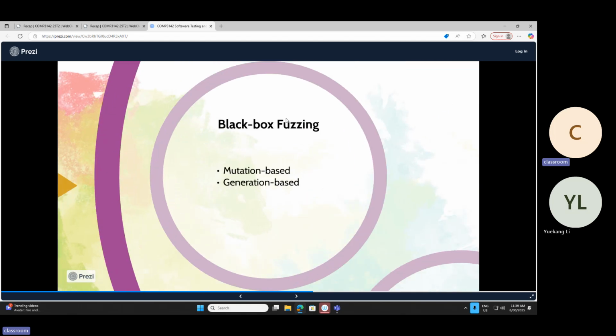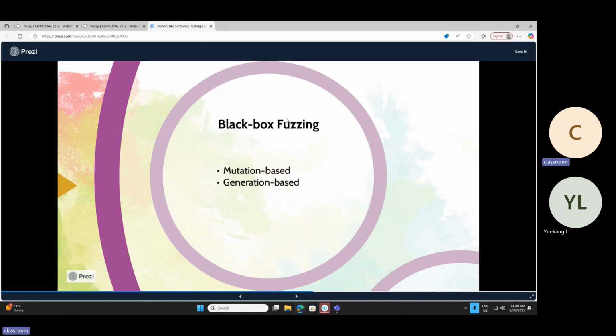So when we learned fuzzing, we learned black box fuzzing first. In black box fuzzing, there are two types of techniques. The first one is called mutation-based fuzzing. The second one is called generation-based fuzzing. So do you still remember the difference between these two types of techniques?